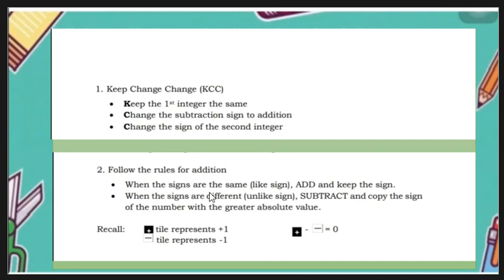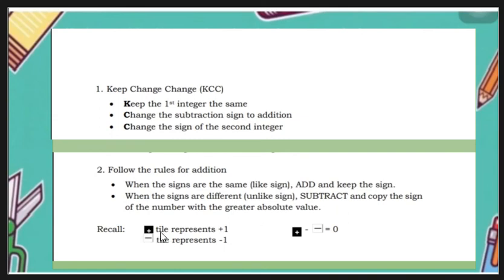When the signs are the same, or like sign, add and keep the sign. Again, when the signs are the same or magkapareha, add and keep the sign. When the signs are different or di magkapareha, subtract and copy the sign of the number with the greater absolute value.